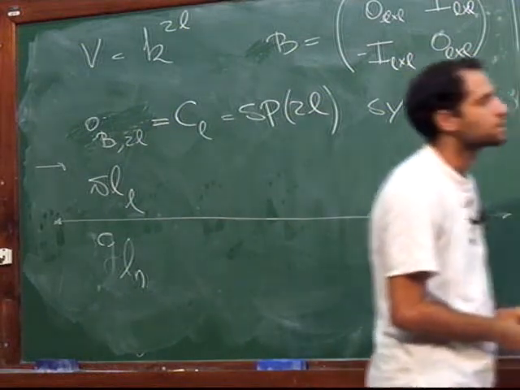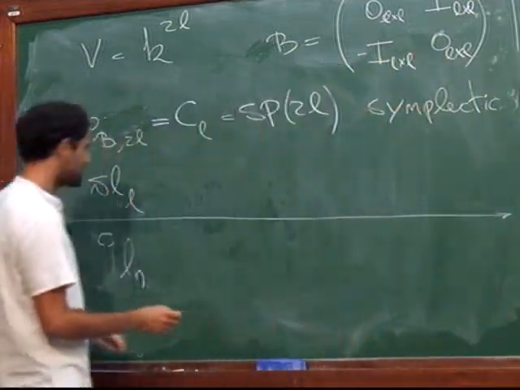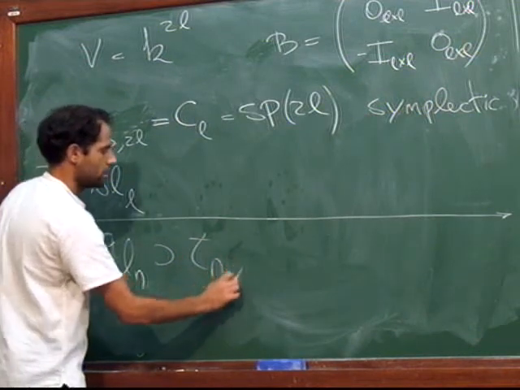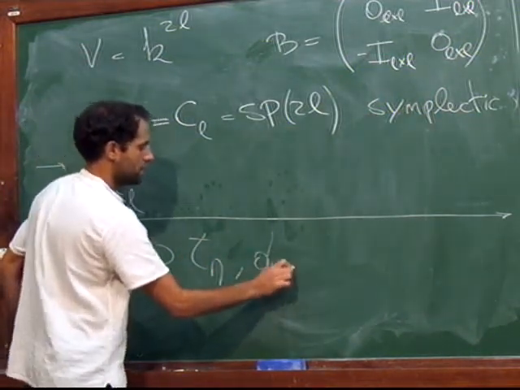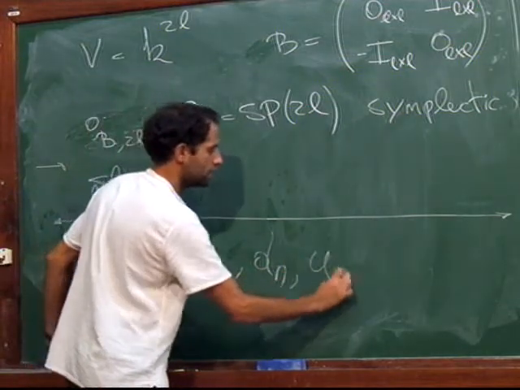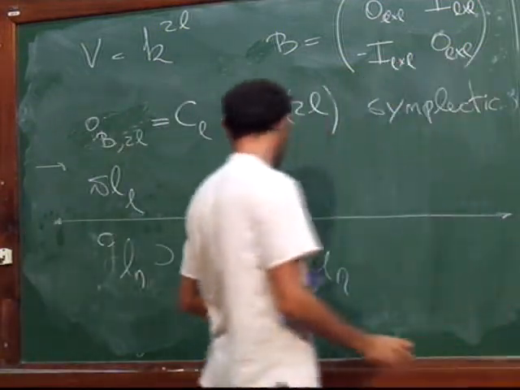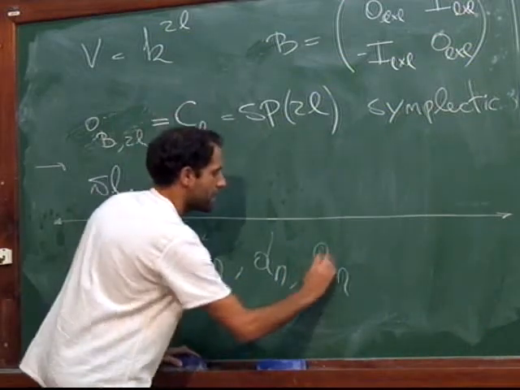There are more examples that are easy to construct. So for example, inside of here, let me construct three of them: Tn, Dn, and let's say Nn.